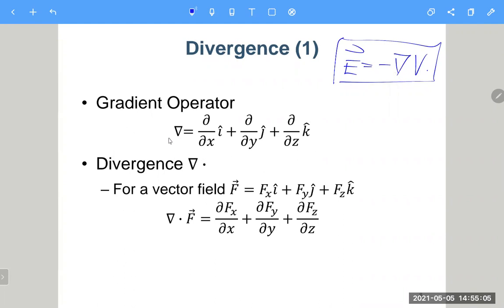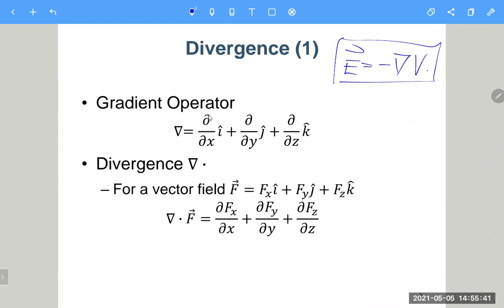In Cartesian coordinates, it will look like this one. This is called the gradient operator. It will not appear individually. This gradient operator is like you apply it to some other vector field or some scalar field. It depends on how you use it. For the gradient operator, you can operate on the scalar field, which in this case is the electric potential.